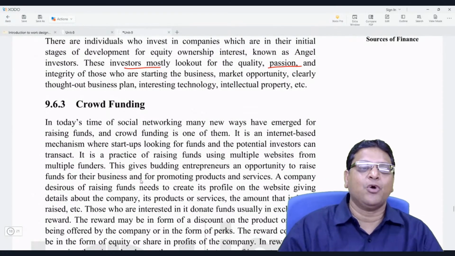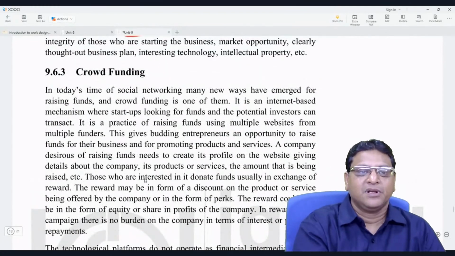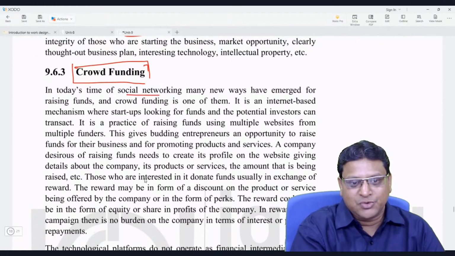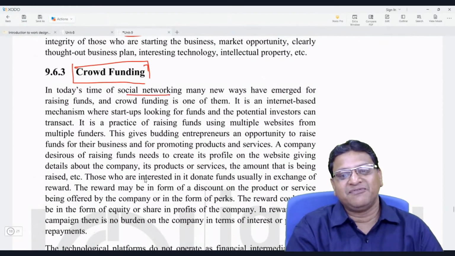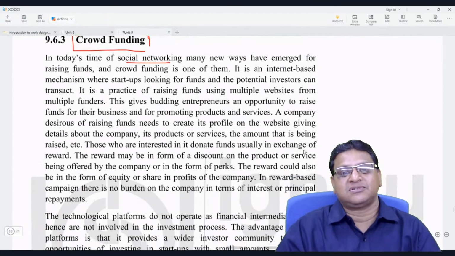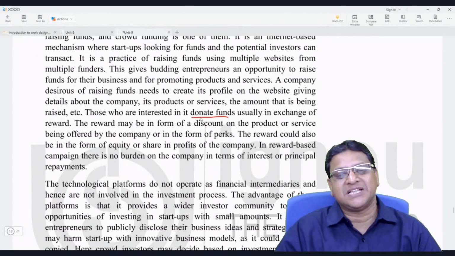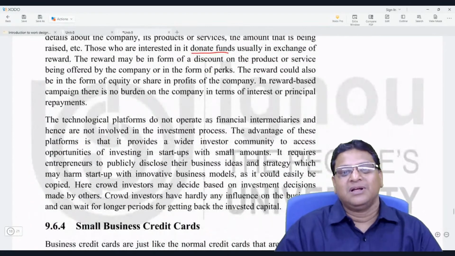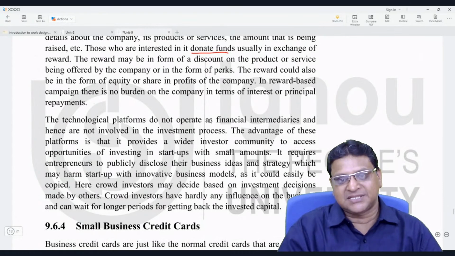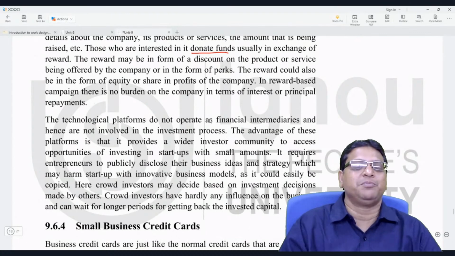Next one is crowdfunding. What is crowdfunding? In case of crowdfunding, the fund is arranged with the help of social networks in the form of different donations. People donate for a new or innovative business. The promoter advertises his idea, his business in social media and invites donations from the people.